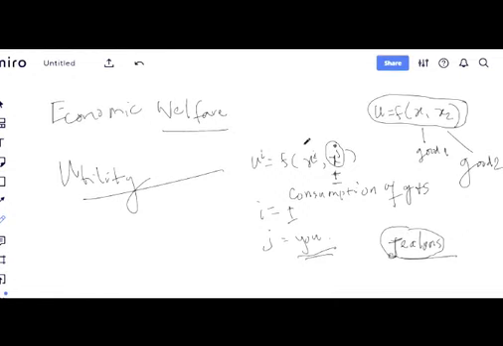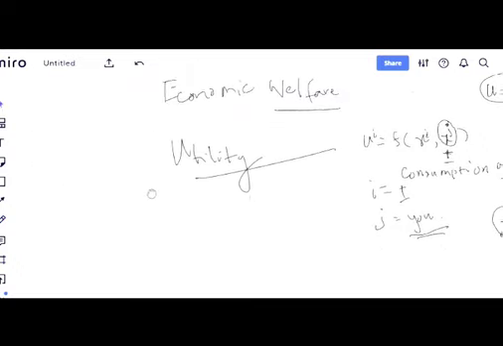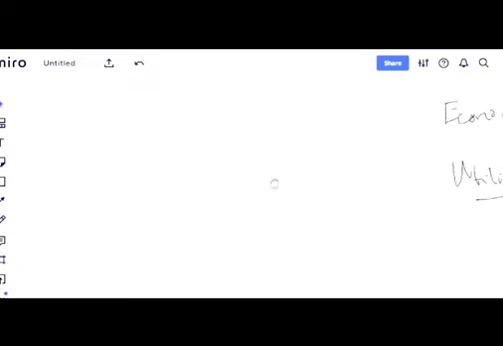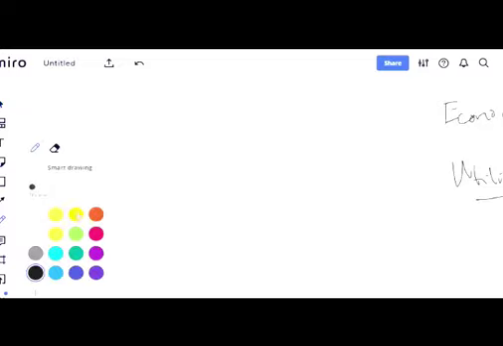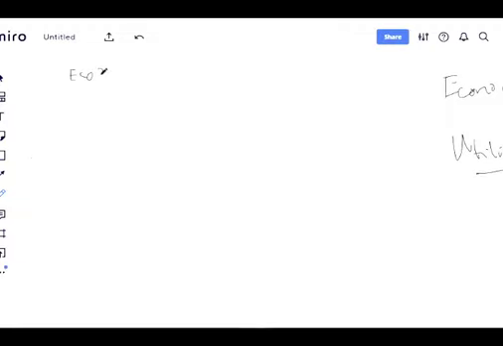Yes, sir. So think about a rational individual. How do I define a rational individual? We said a rational individual will always want to get more if it is a good, and will be happy if he gets more.